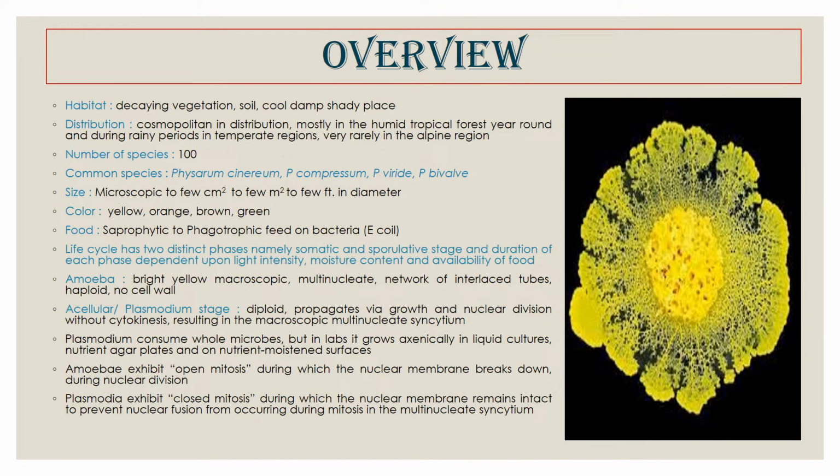So Physarum polycephalum, just like other slime molds, prefers to grow in cold, damp, shady places that are abundant in decaying vegetation, and they have a cosmopolitan distribution. They prefer mostly tropical forest, where there is a lot of moisture and the forest floor is filled with decaying vegetation and leaves.